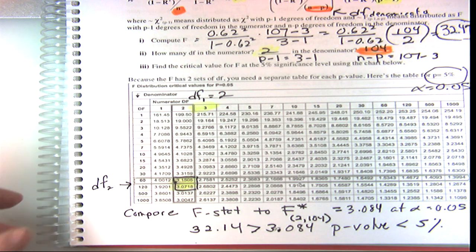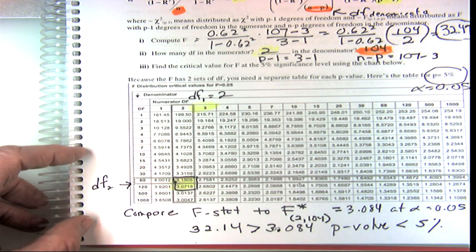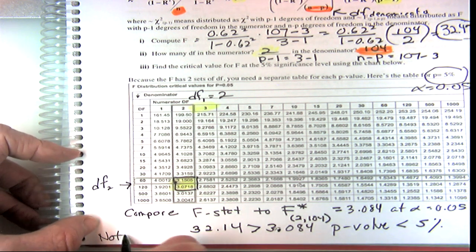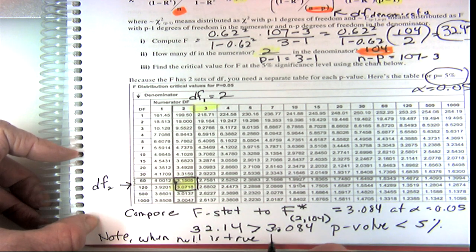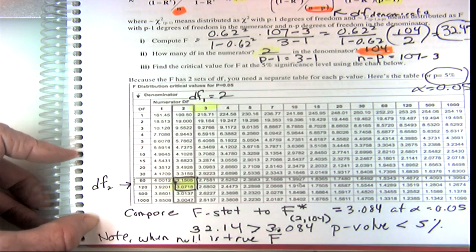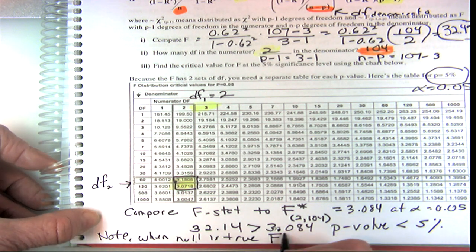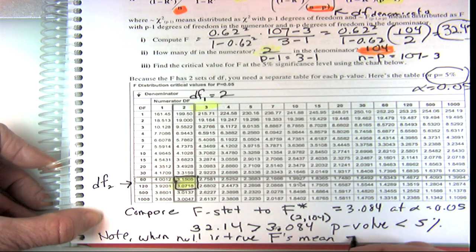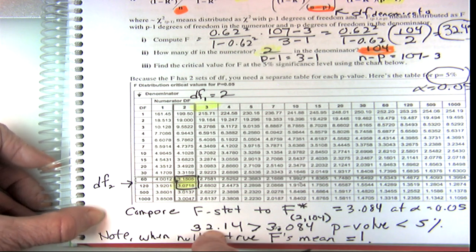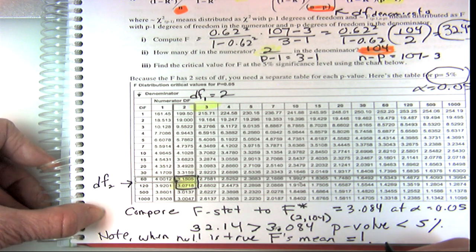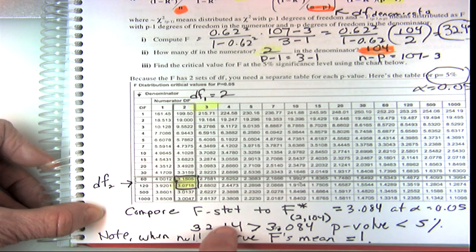Note, when the null is true, the mean of the F stat is equal to 1. Ours is 32.14. So our real p-value is going to be really, really little.